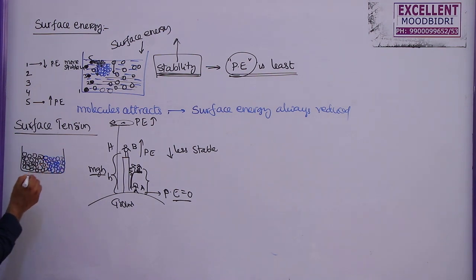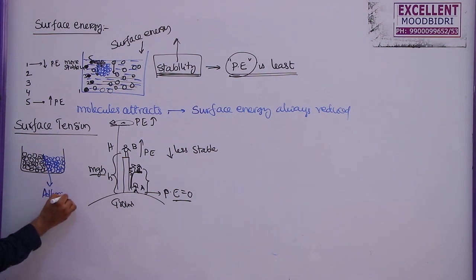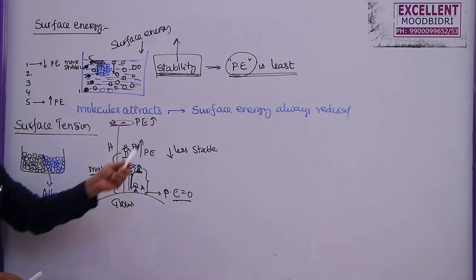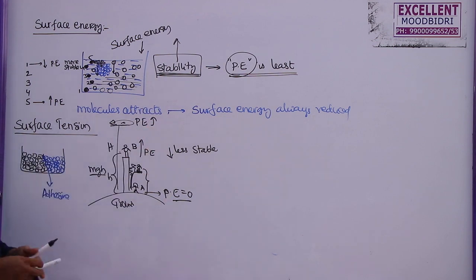Here I am showing immiscible liquids. There exists a force of attraction between these two. As these two are different, this force is called adhesive force. If the molecules of these two liquids attract each other, the surface tension always decreases.